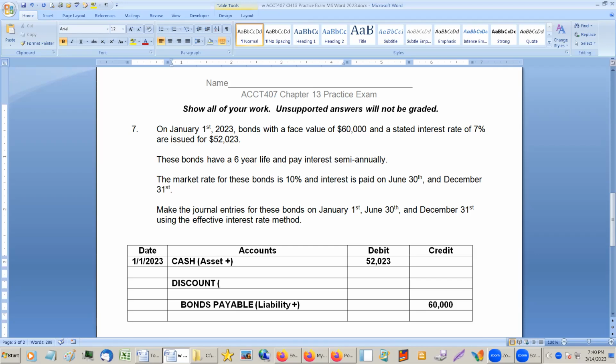Discount, just saying discount's fine. Reducing our liability by some. All right, so that's our liability. That's the discount, and that's going to go to zero eventually.